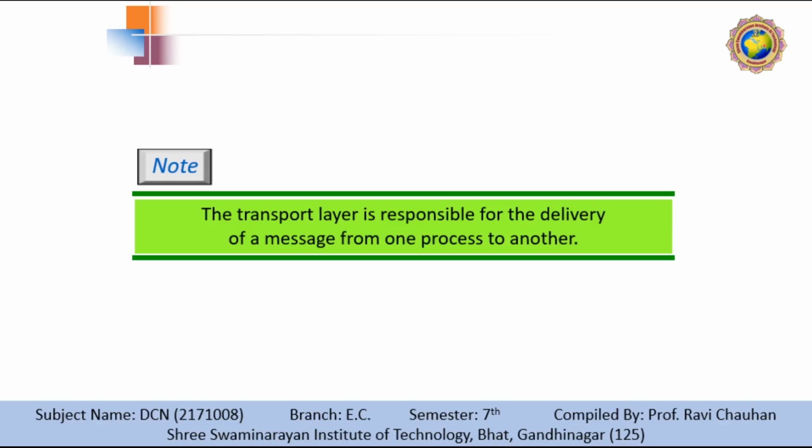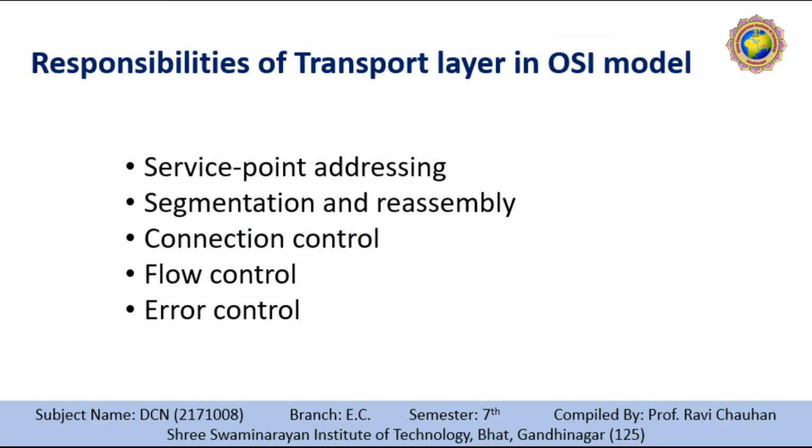Let's define the responsibilities of the transport layer. First is service point addressing. A computer often runs several programs at the same time. For this reason, source to destination delivery means delivery not only from one computer to the next, but also from a specific running process on one computer to a specific process running on another computer.